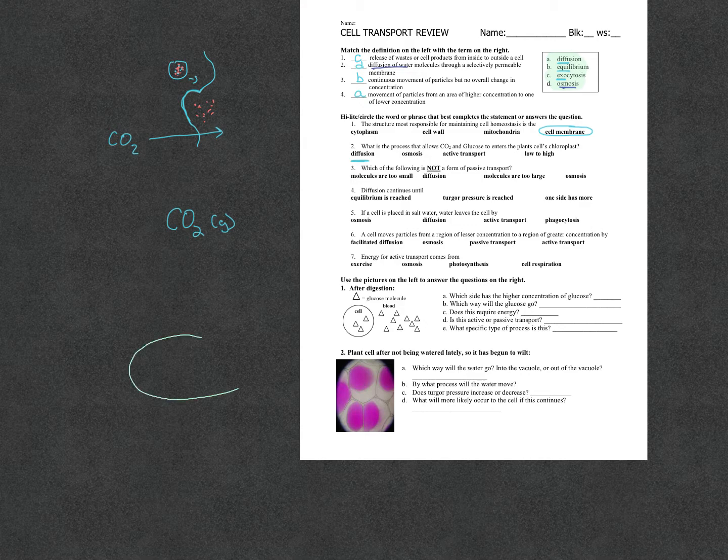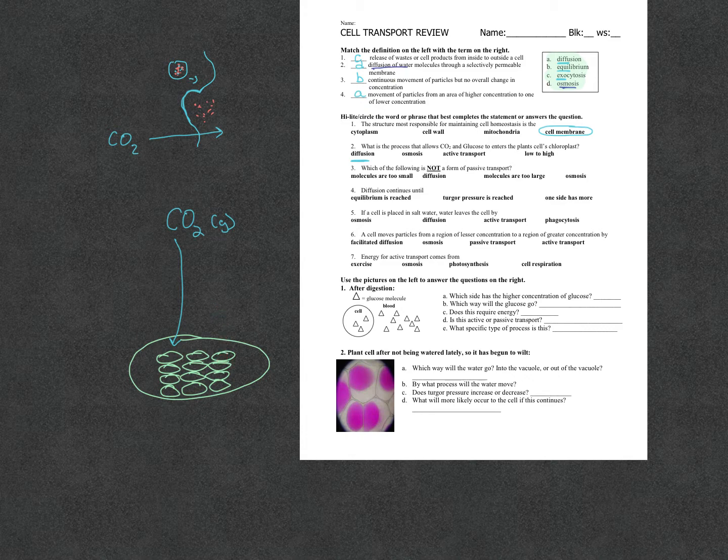So if you have a chloroplast with these inner membranes, which we'll talk about when we get back from winter break, the CO2 will just go right through the membrane. Now, the chloroplast makes sugar, so when glucose has to leave, I'm not sure why they put glucose entering the chloroplast, since the sugar is made in the chloroplast.